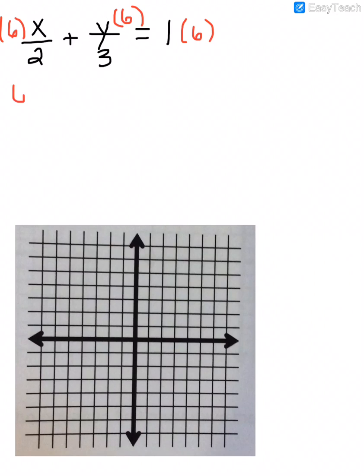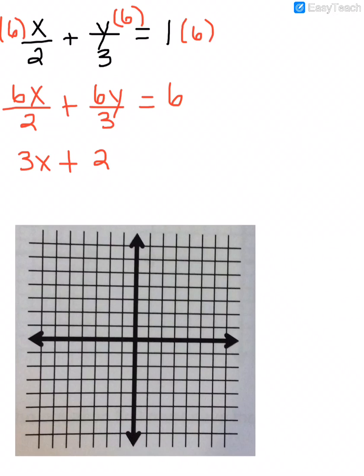And when I do that, I have 6x divided by 2 plus 6y divided by 3 equals 6. And when I simplify, 6 divided by 2 is 3, so I get 3x plus 6 divided by 3 is 2. That's 2y equals 6. So now my fractions are gone. I need to get it in slope-intercept form, so I'm going to subtract 3x from both sides.